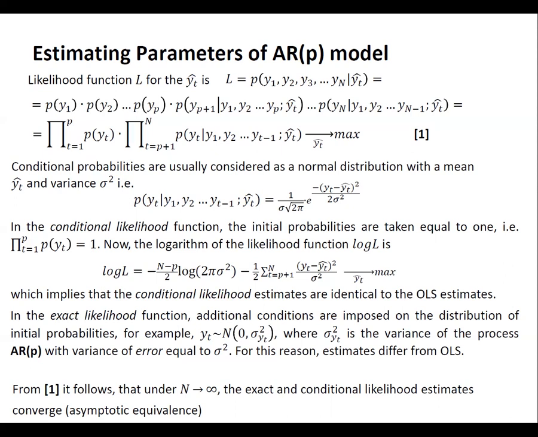Here, n minus p divided by 2 is the result of summation. This first factor turns into the first term, but the second factor, the exponent in the power, after taking the logarithm, turns into this second term.